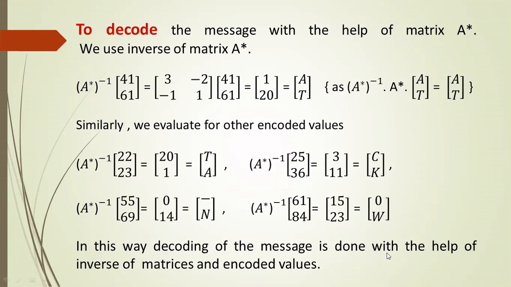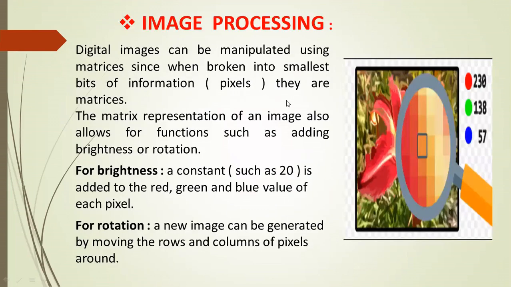The next use of matrices is in digital image processing. A digital image can be manipulated using matrices, since when broken into the smallest bits of information, pixels, they are matrices.